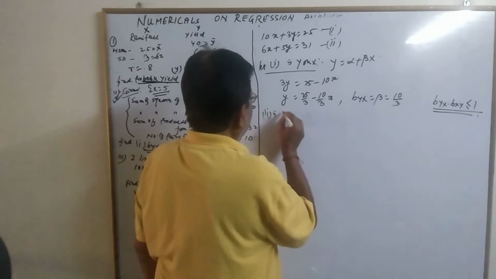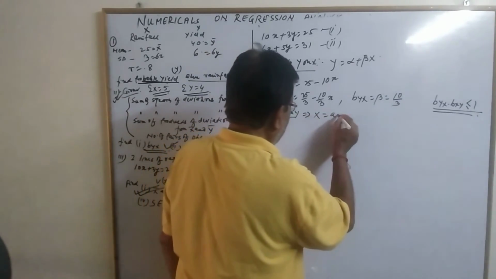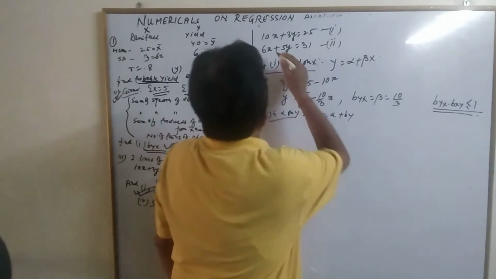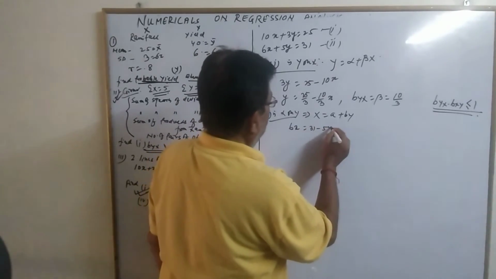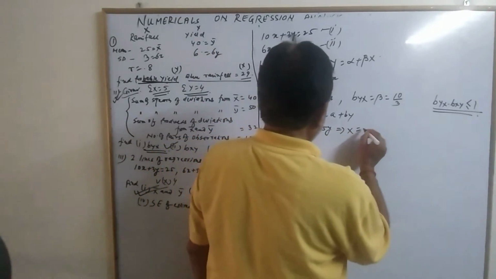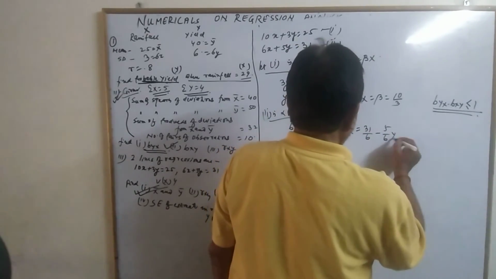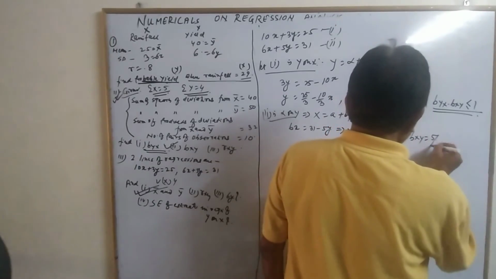So 2 is x on y, and if it is x on y, it has to be arranged in the form a plus by. So 6x is 31 minus 5y, and x is 31 by 6 minus 5 by 6y. Here bxy is 5 by 6.